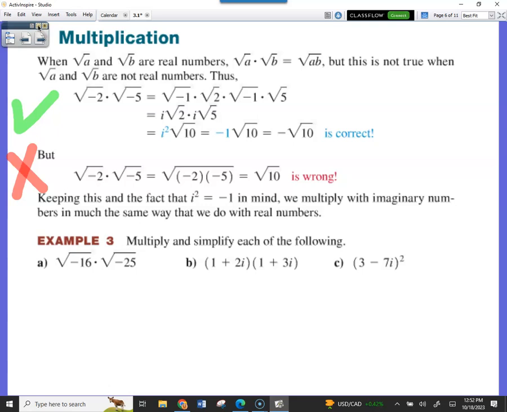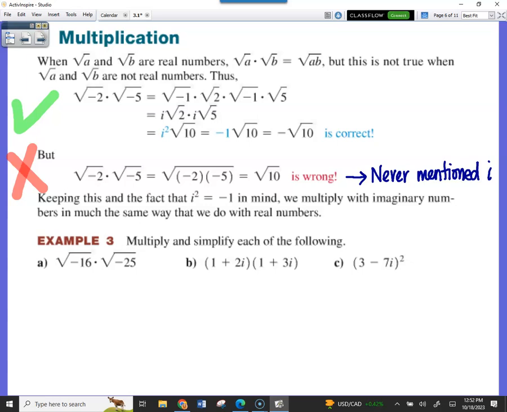So radical times radical, this wrong way multiplies those numbers to get positive 10. But the problem is it never mentioned i, and it definitely started imaginary. So that's why this is wrong. So try not to do that.